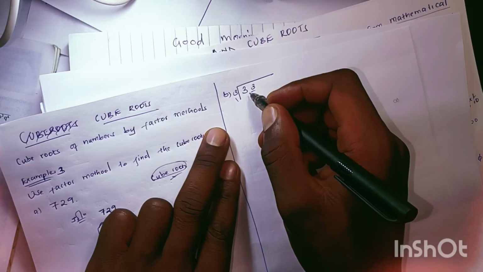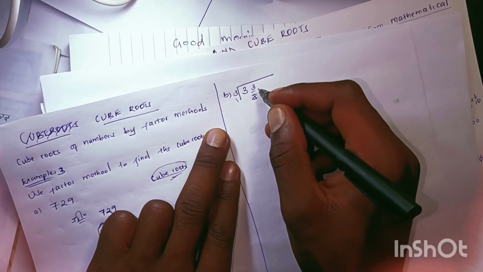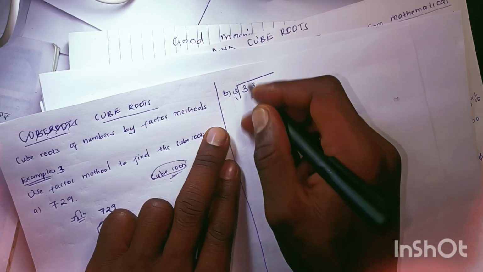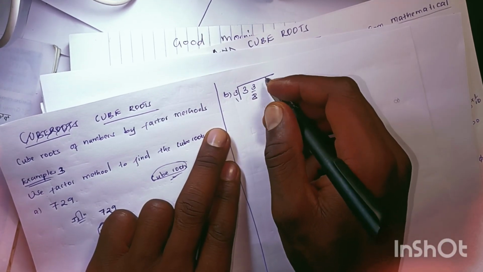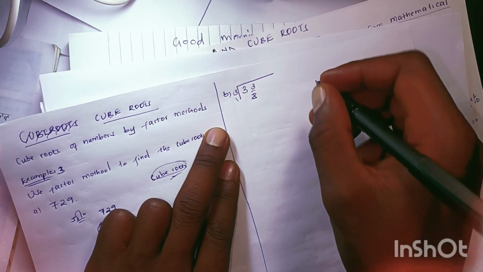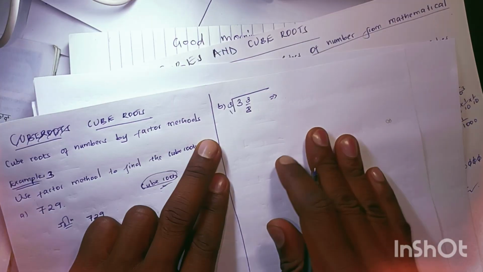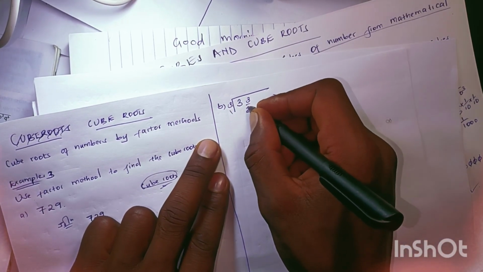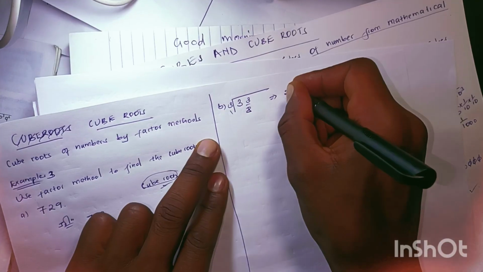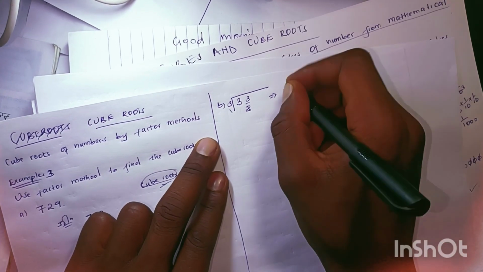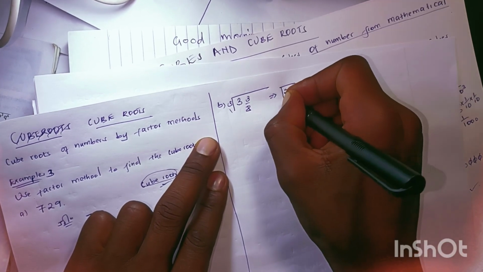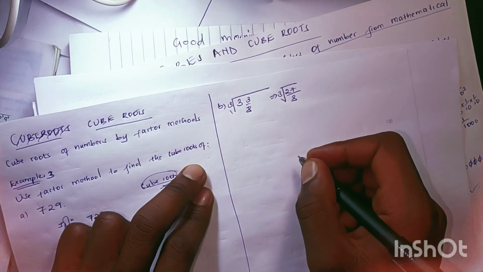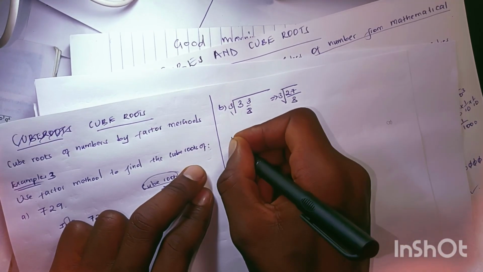You notice that you cannot find it directly the way it is, but you have to find the proper fraction of this one. That is like taking 8 times 3 is 24. 24 plus 3 is 27 all over 8. Then I find the cube root. Guys, never write it as this one.